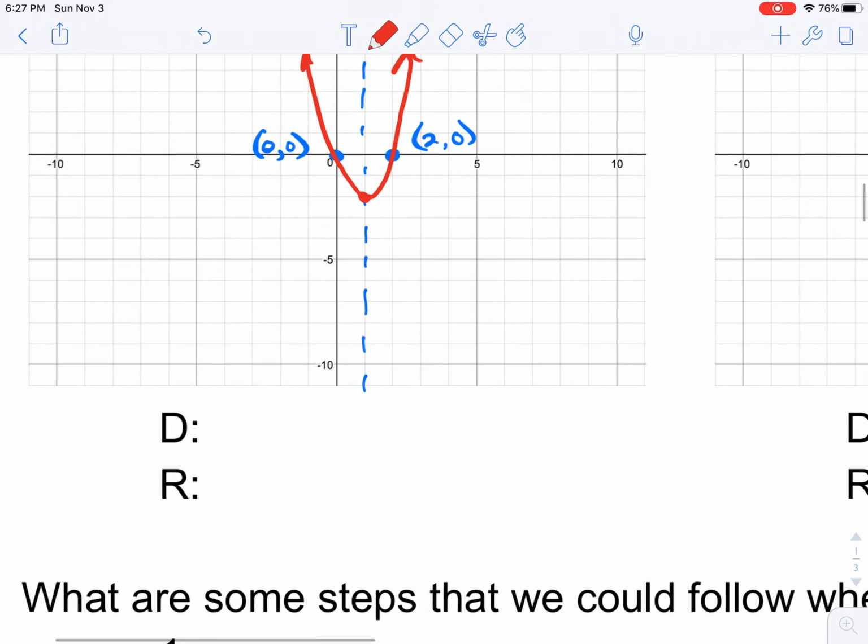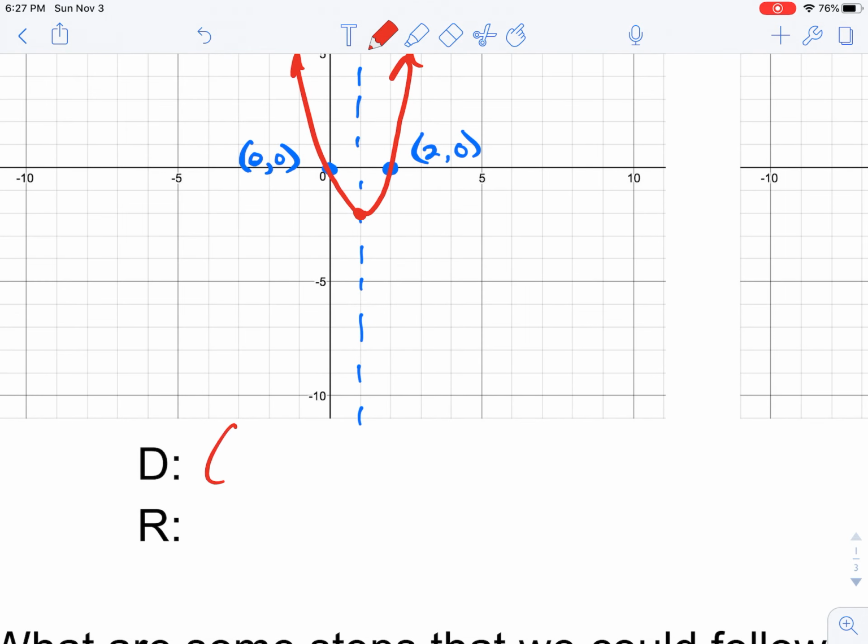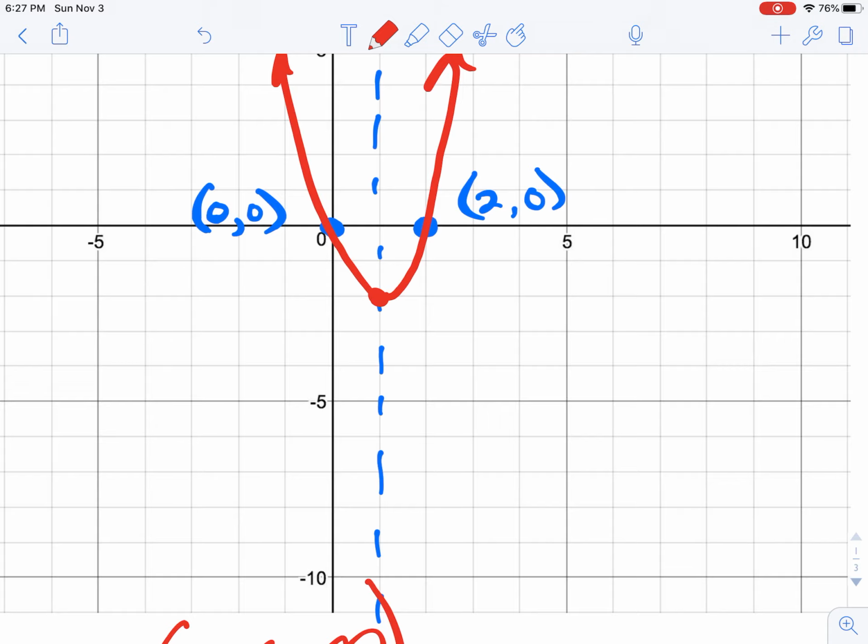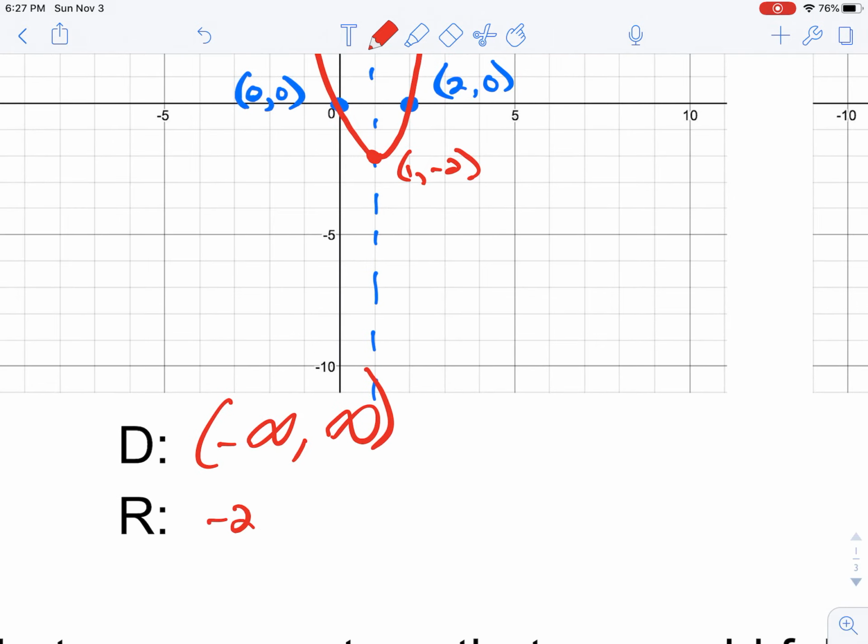My domain would go on forever, left to right, so it's all real numbers. And the range goes up forever. The lowest y value is -2, going to positive infinity.